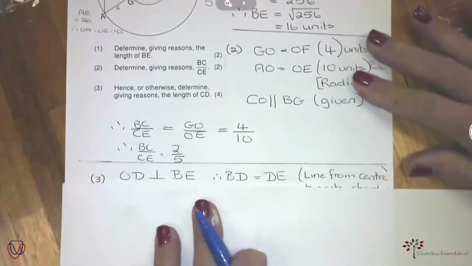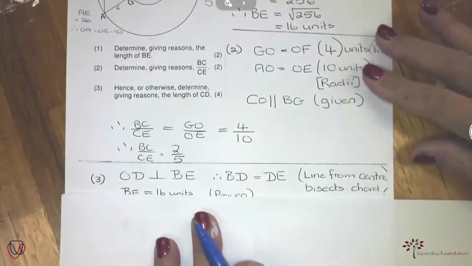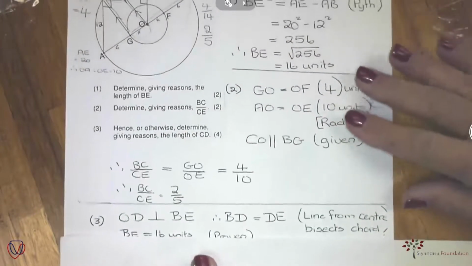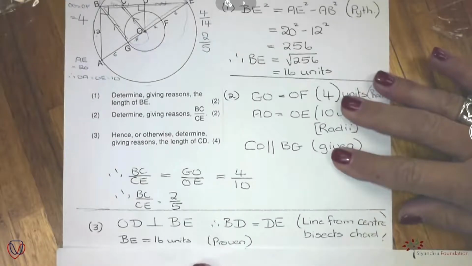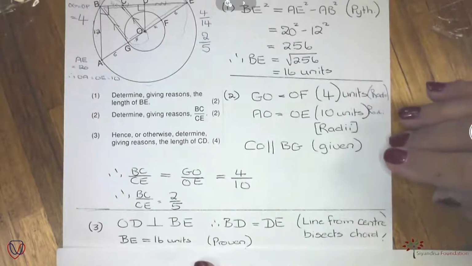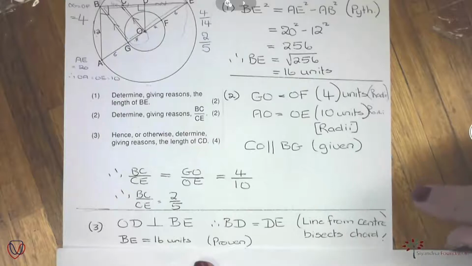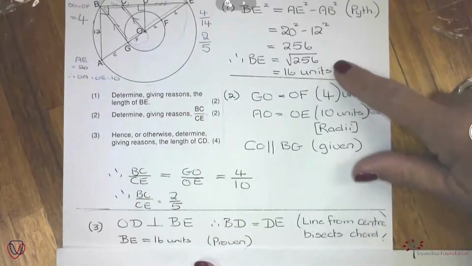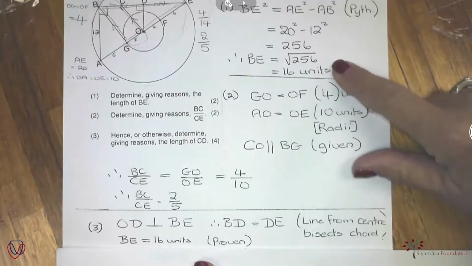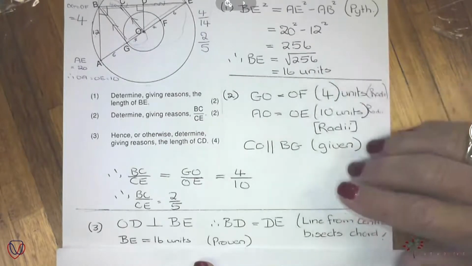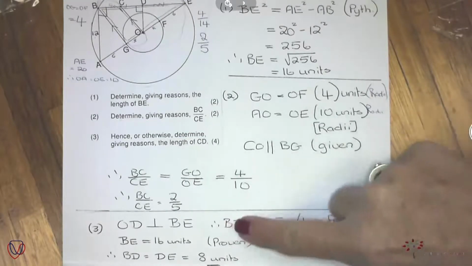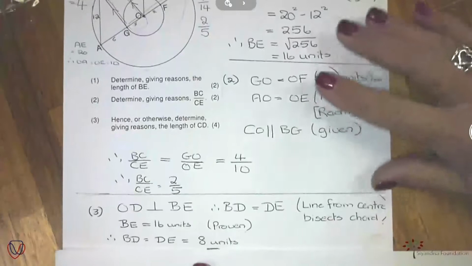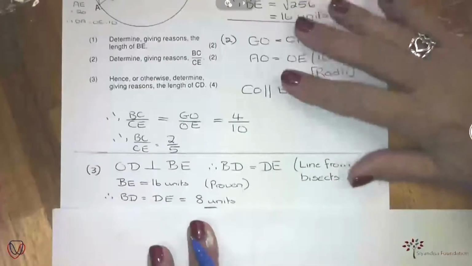I just want to get the sketch back to us here. Okay? So BE is 16 units. We've proven that. We've proven BE already by using Pythagoras. Can you remember that? In other words, BD is DE, and that is 8 units because of this reason that we have here. I'll go back to the sketch whenever we need it.